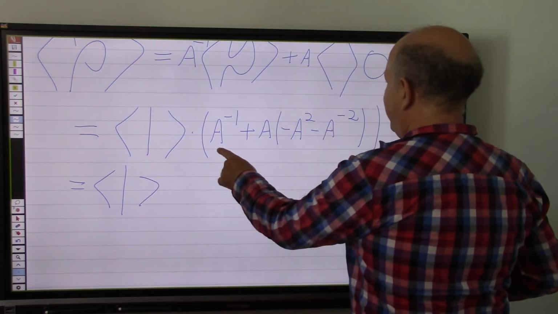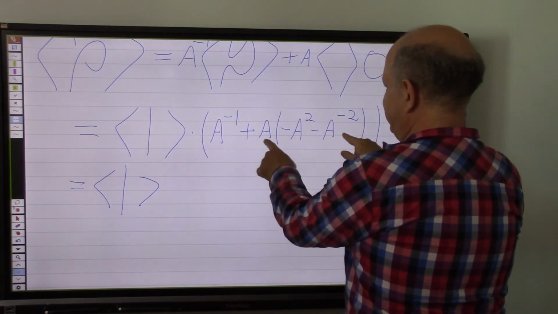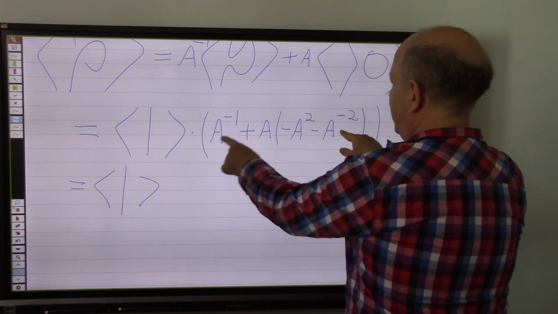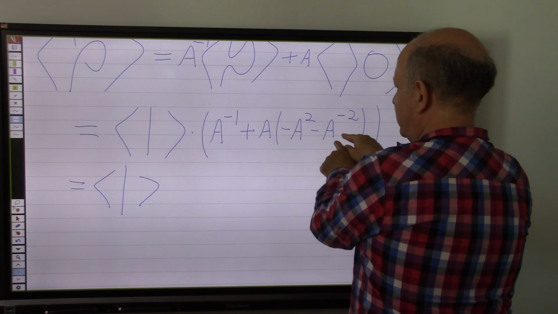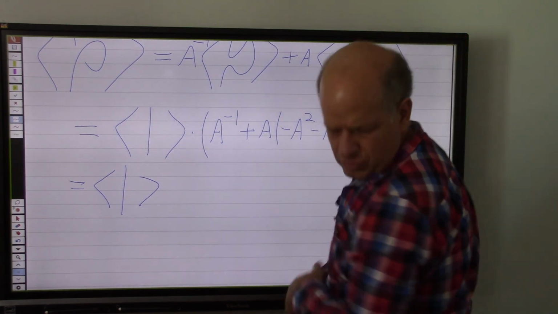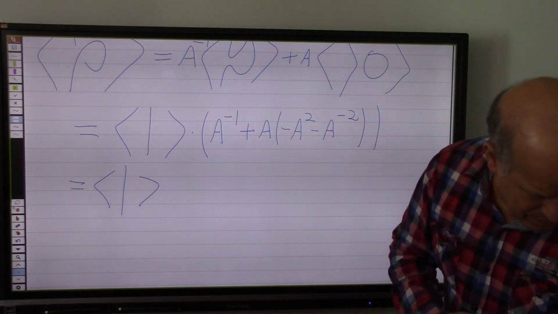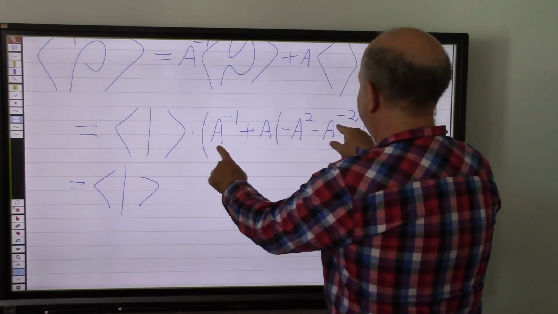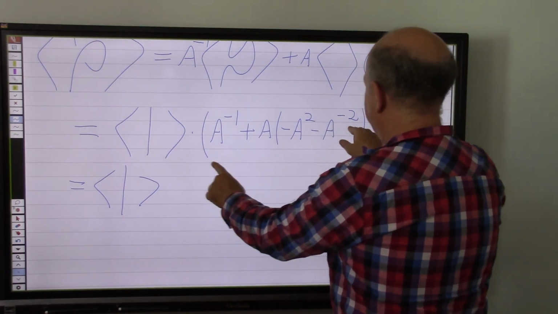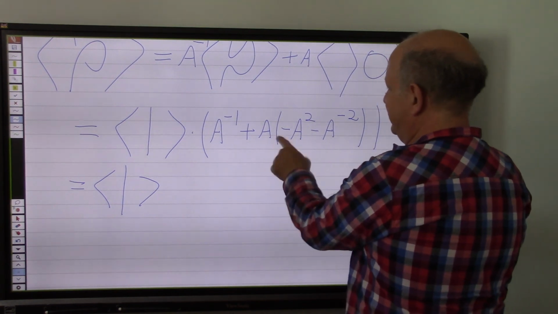So the A inverse cancels the A inverse times the A inverse here. Wait, something is wrong. Oh yeah, no, it's fine. Right, sorry. So the A inverse cancels the A times the A inverse, but nothing cancels this.